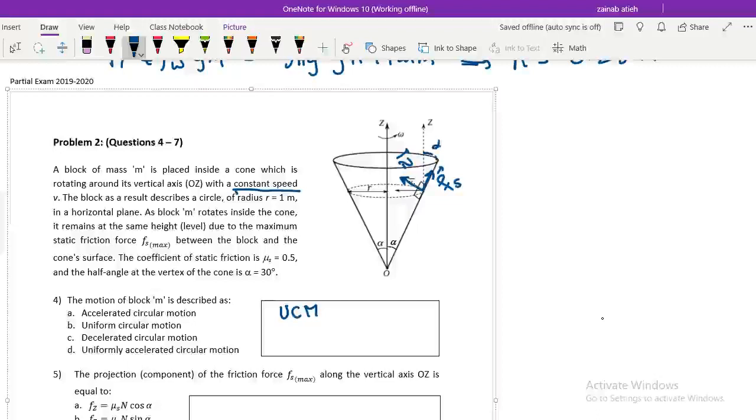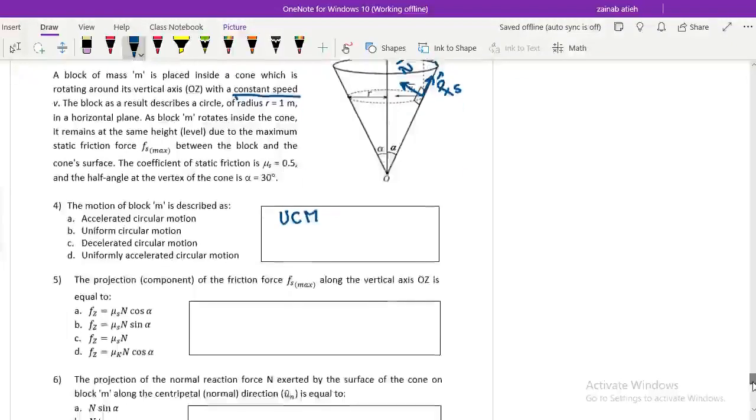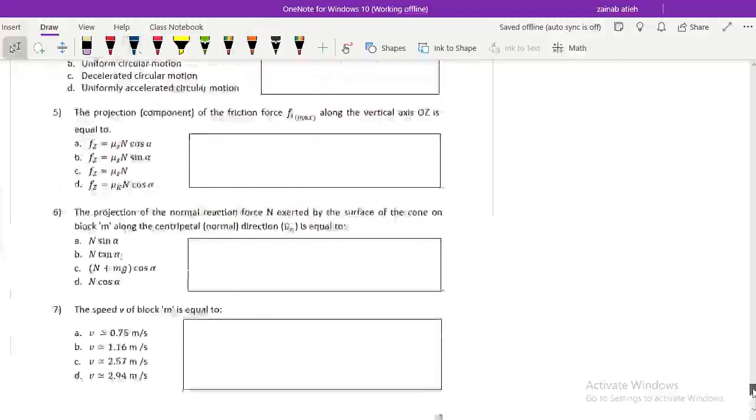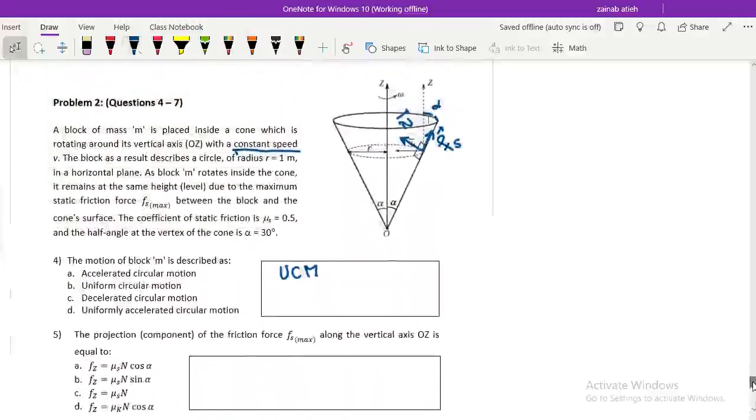So if I want to do the projection of FS along the Z axis, I will get Fs along the z-axis equal to Fs cosine alpha.